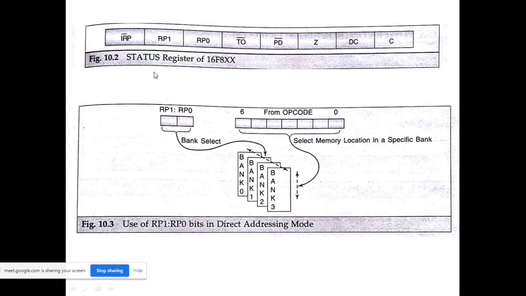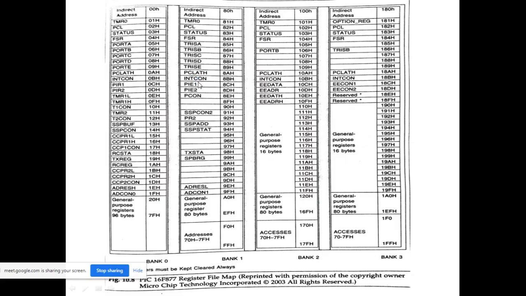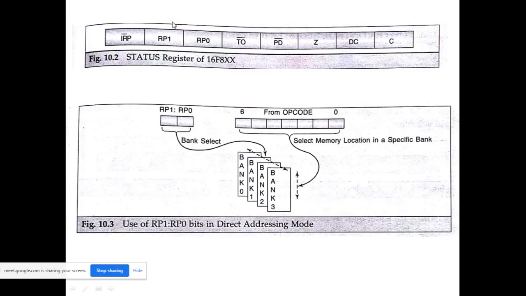If you consider the status register of this microcontroller, it is of course present in this memory itself. You can see this is the status register here. It is an 8-bit register, and the bit pattern of the status register is like this. It contains these bits which are used for bank selection.